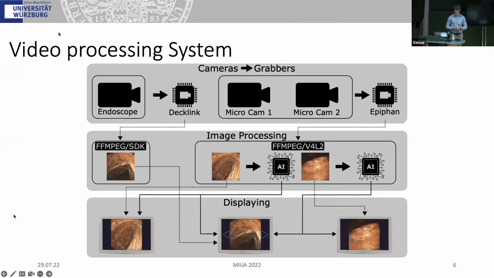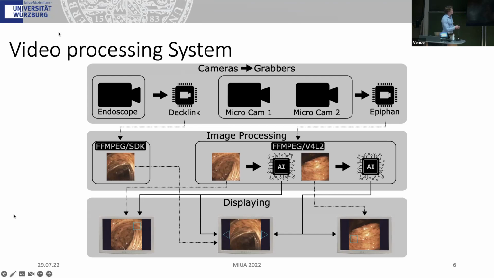So for the whole system to work, we had a whole video processing system. As you can see right here, this is the view of the classical endoscope. So we first had to grab the signal from the endoscope to actually get the original image, and also get this working and running through our system on the screen, so that everything was applicable. And then we have the 2 micro cameras which are on the sides.